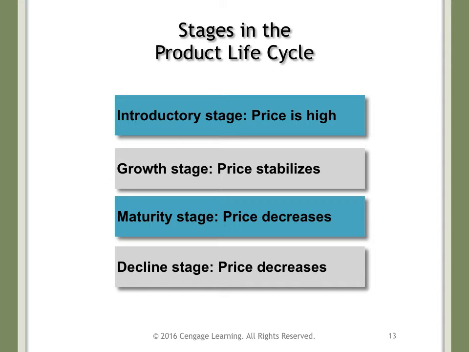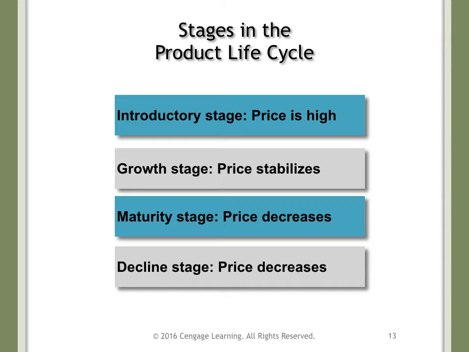The other thing that can affect our pricing is a product's place in the overall product life cycle. In the introductory stage, we generally have two kinds of pricing possibilities. We have penetration pricing, or we have skimming. And skimming is maintaining a higher price because it's in great demand and there's not a lot of competition. And so you can keep prices higher. In the growth stage, prices start to come down a little bit as competition increases and you're trying to build market share.